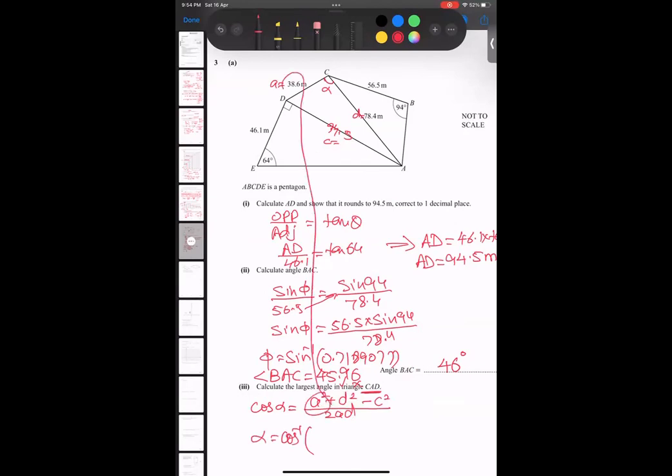Small a is 38.6, small d is 78.4, and small c is 94.5, over 2 times 38.6 times 78.4.